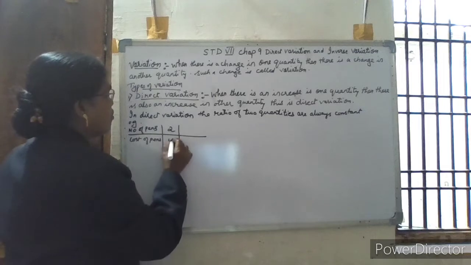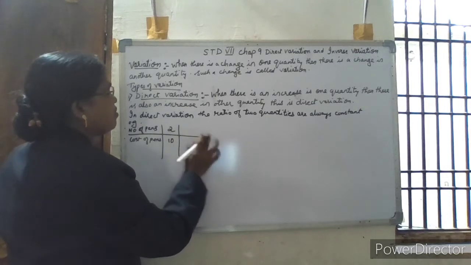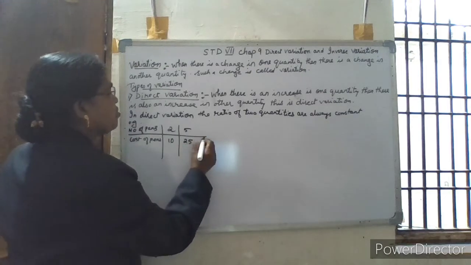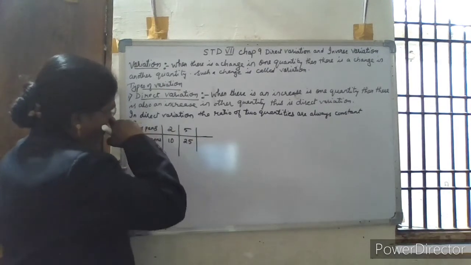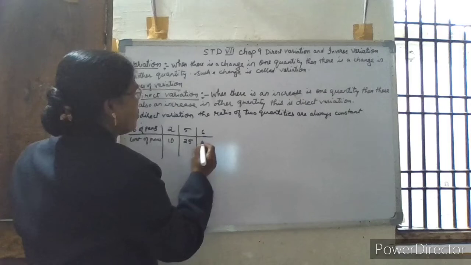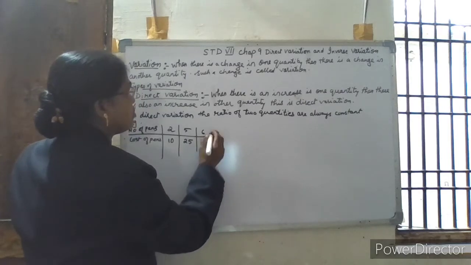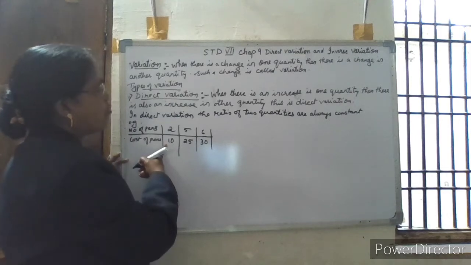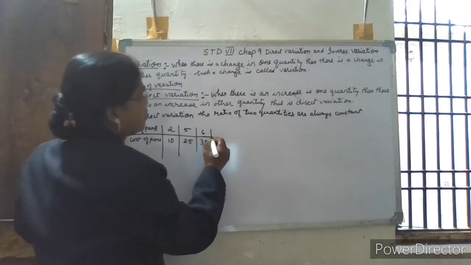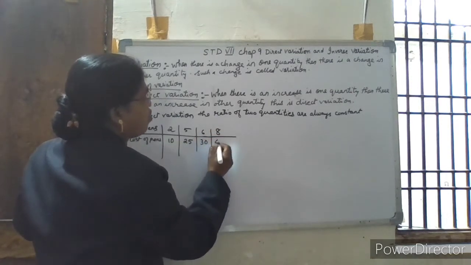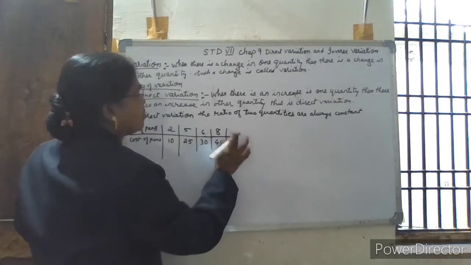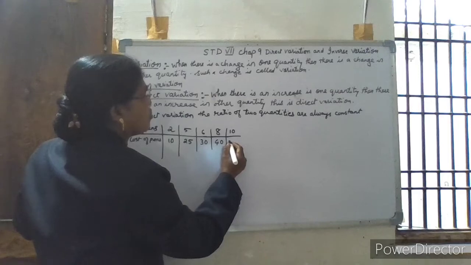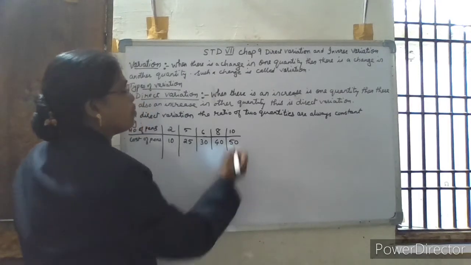Then 5 pens will cost 25 rupees. 6 pens will cost 30 rupees, because 1 pen costs here 5 rupees. So 5 sixes are 30. 8 pens will cost 40 rupees. 10 pens will cost 50 rupees and so on.